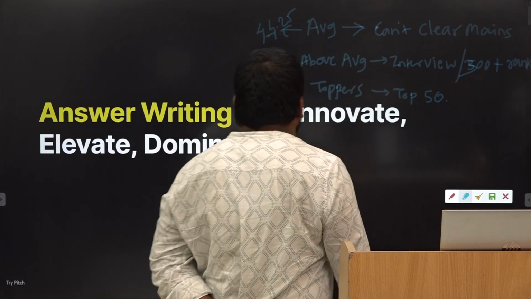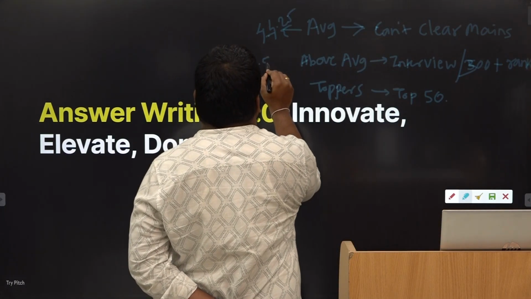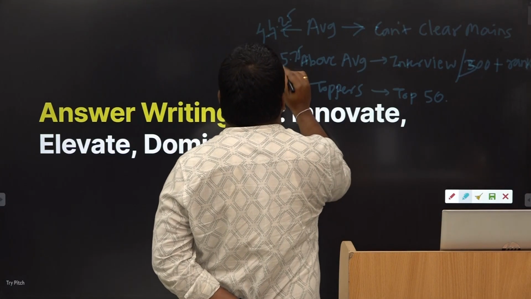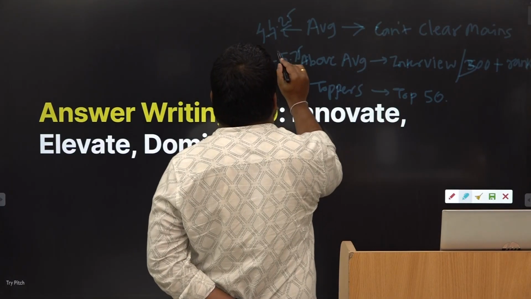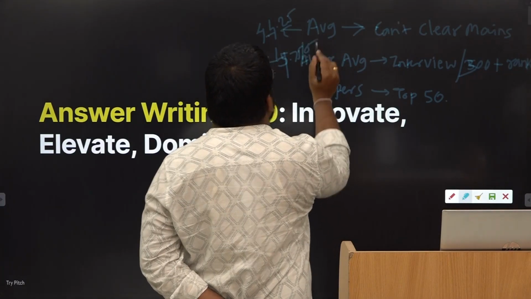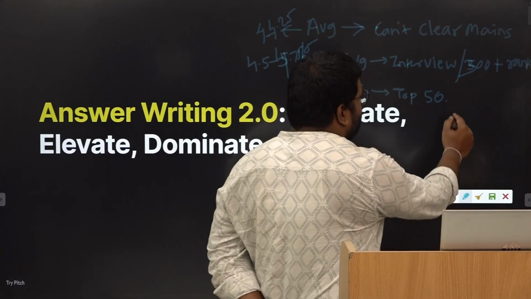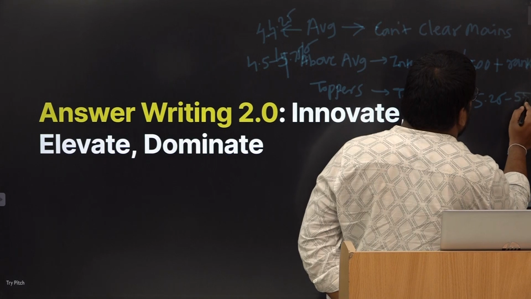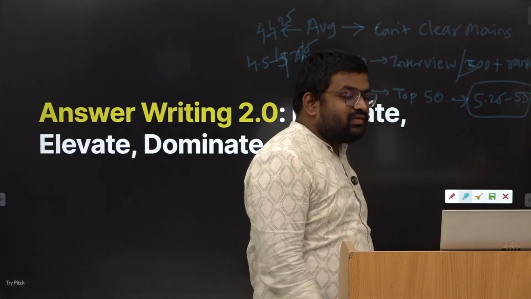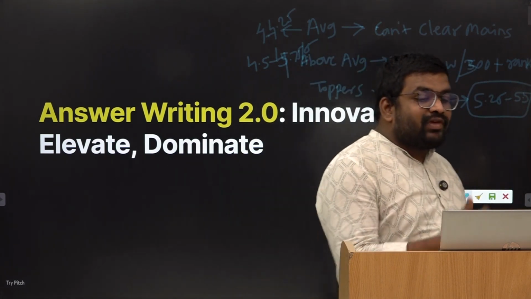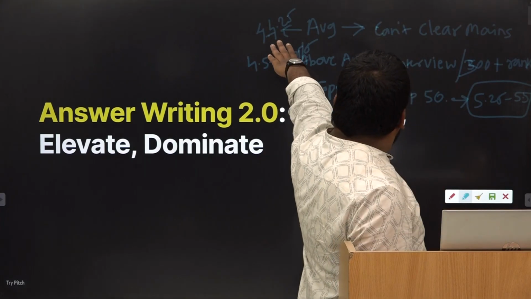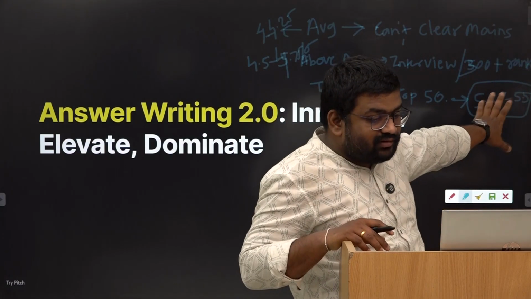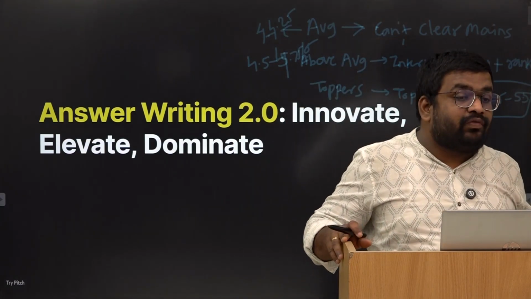The above average students get 4.5 to 4.75 or 5, and toppers get 5.25 to 5.5 marks in the 10 marker questions. And if you check the difference, it is around 1 mark between the average student who couldn't clear the mains and the topper, 1 to 1.25.